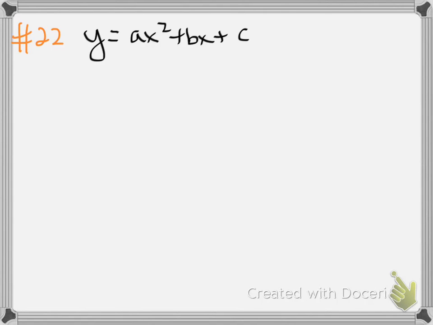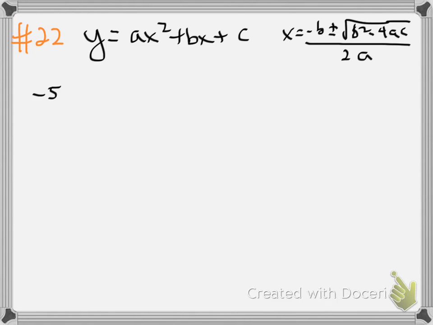We also know that we can use the quadratic formula, which is -b plus or minus the square root of b squared minus 4ac all over 2a. So what I would like to do is look at the form of this answer here. It was -5 plus or minus 2i.